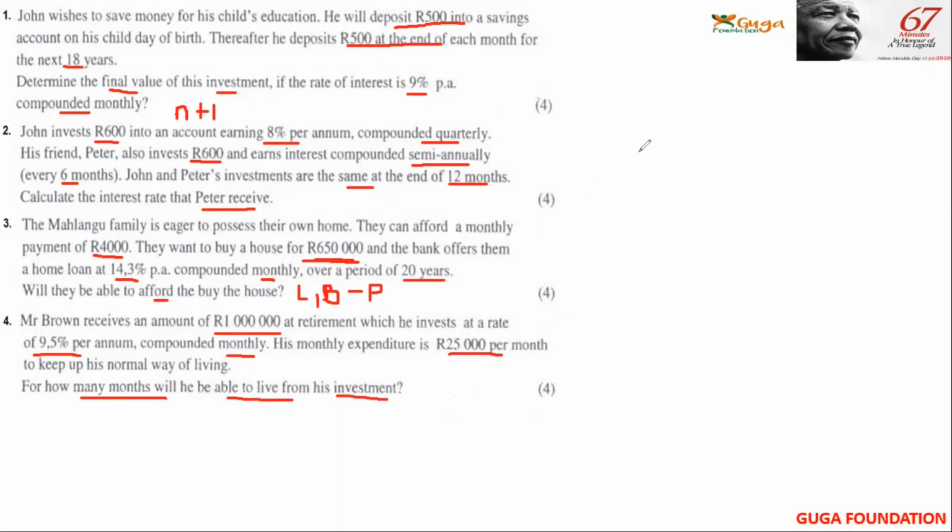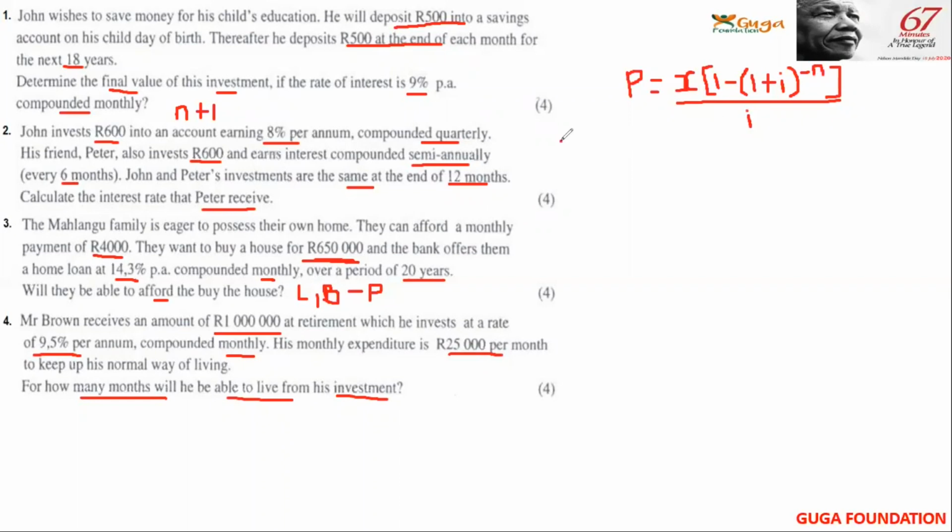The formula that we're going to use is still the same. It will be P is equals to X into 1 minus 1 plus I to the power negative N all over by I. So we can just substitute now.